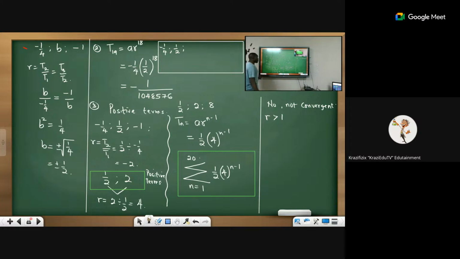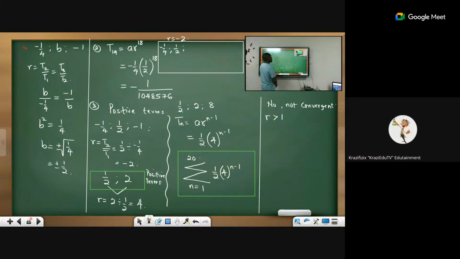Kwesi, are you with me? Yes, sir. R is what? Negative -2. Okay, so what is -1/4 times -2? -1/4. Yes, times -2. Let me allow you do it. Divine, I'll come to you. Half. Okay. Good.